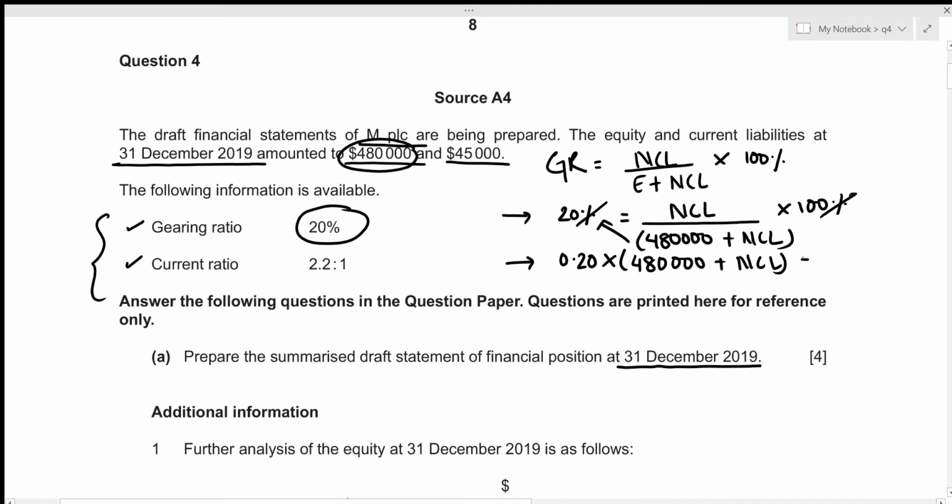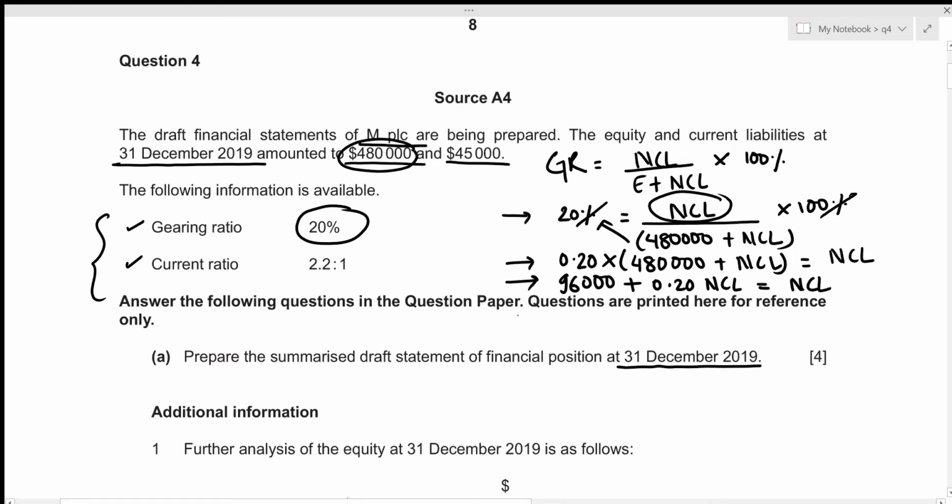And the only remaining term on the right-hand side would now be the non-current liabilities. Okay, so let's multiply these values with 0.20. So that's 480,000 times 0.20, which results in the value of 96,000 plus 0.20 non-current liabilities. And this will be equal to the non-current liabilities.